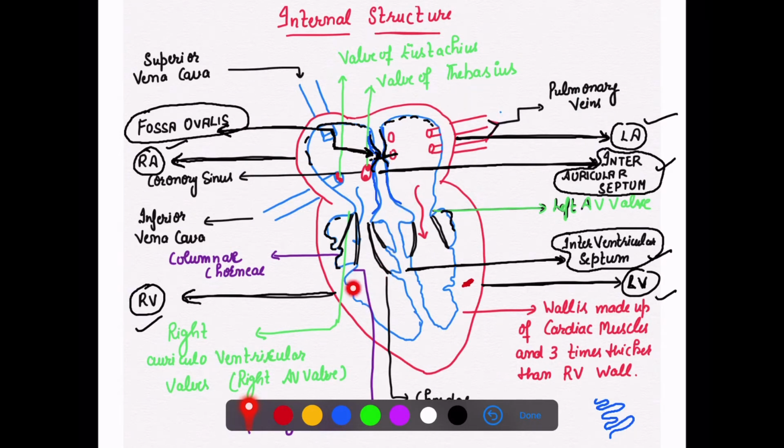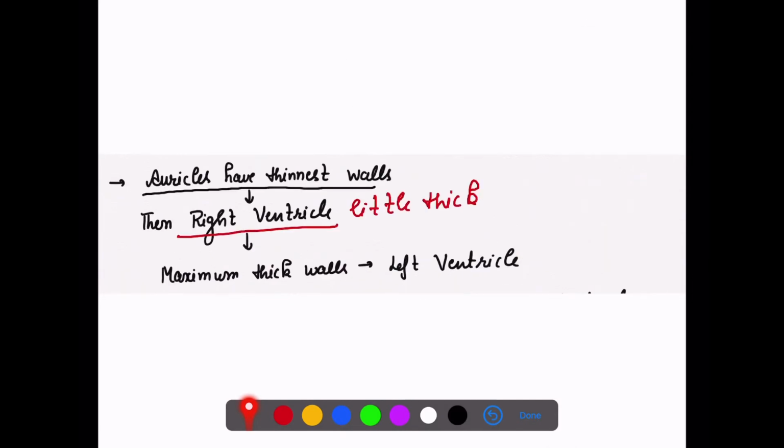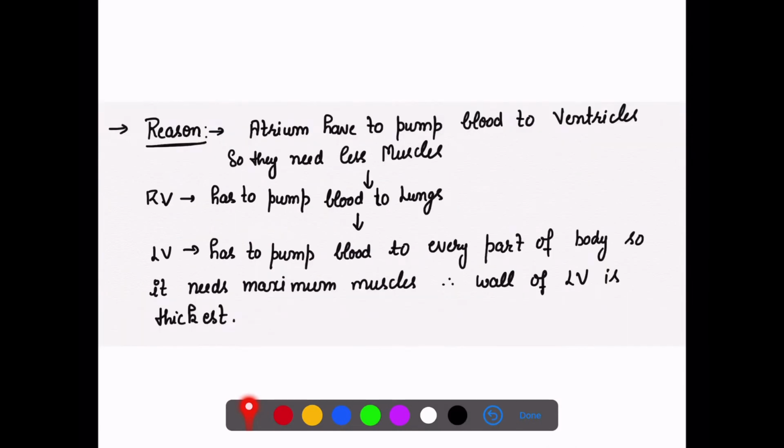So that wall is a little thick, but the function of left ventricle is to pump blood to each and every part of the body. So that is why it needs more and more muscles to perform its function. That is why it has thickest wall.